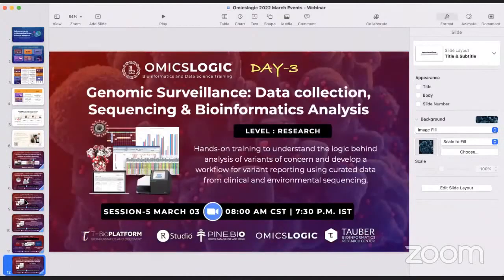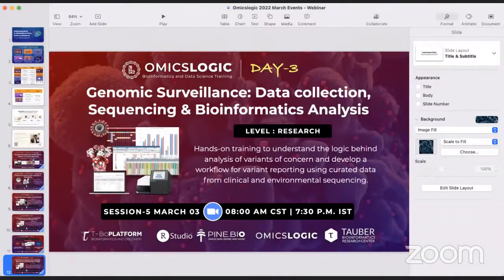Followed by that, day 3 is more research oriented, where we will actually be working on data sets to look at different types of data, whether clinical experiment sequencing data or environmental sequencing data.